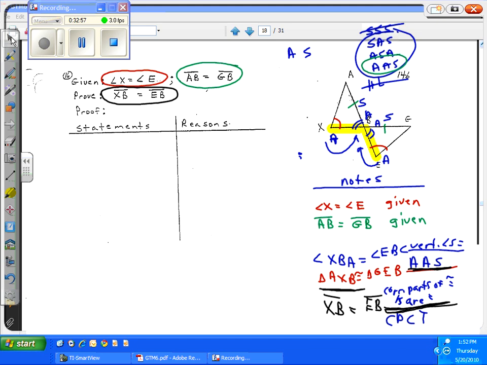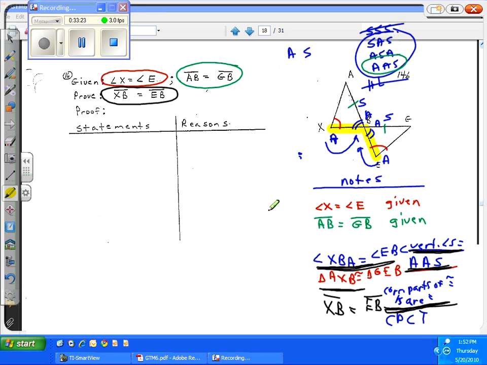But then I needed a reason to say they were congruent, and to say that I needed angle, angle, side, so I needed another angle. But I needed a reason for that, and the reason was vertical. And to say vertical, I don't need anything else. So all of a sudden, I don't need anything else to make a certain statement and reason, so it appears that I'm done. Well, to check that out, we've used the yellow highlighter through this whole course so far.